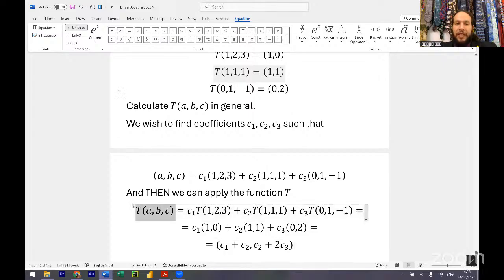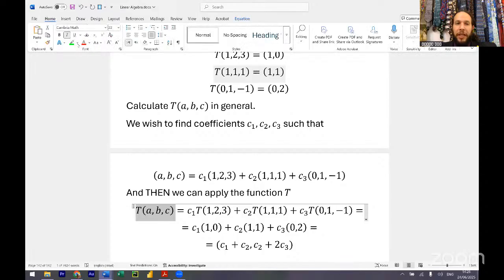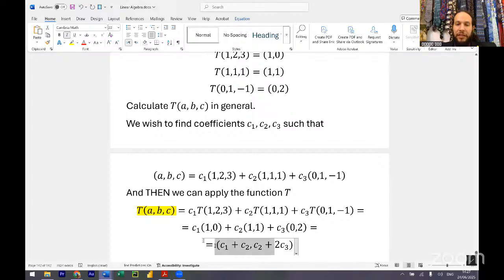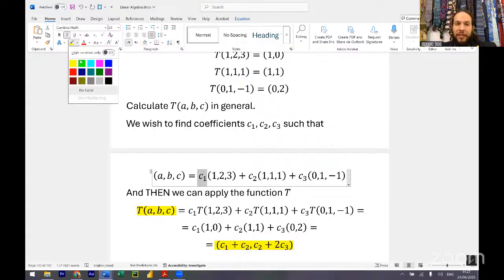T of ABC will be equal to that object right here.